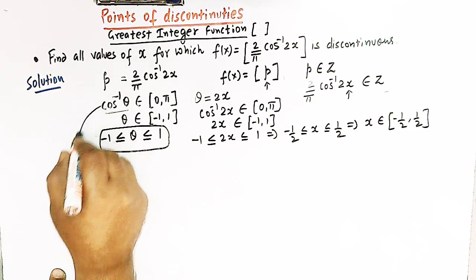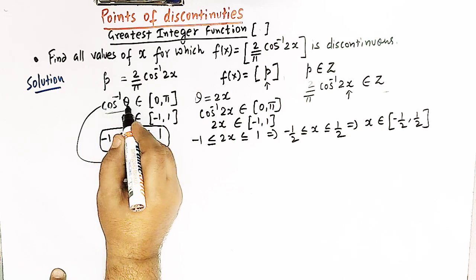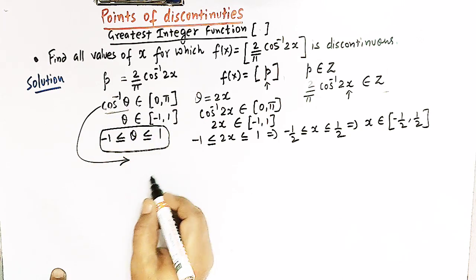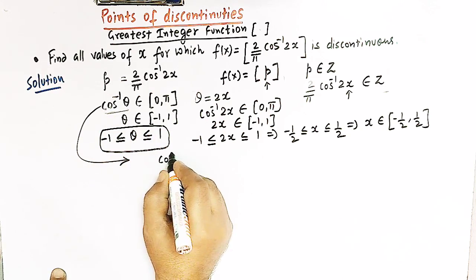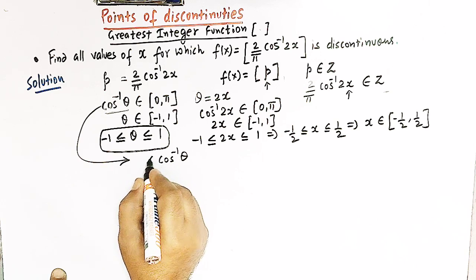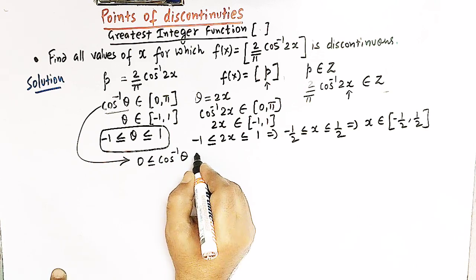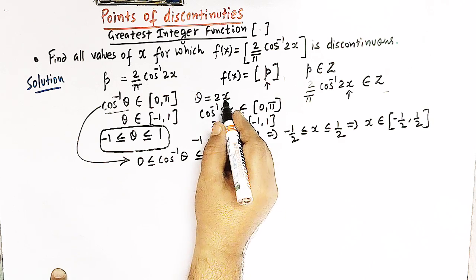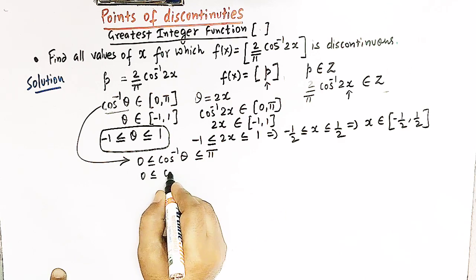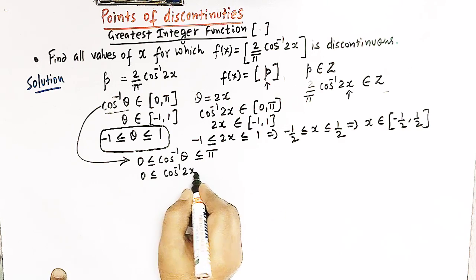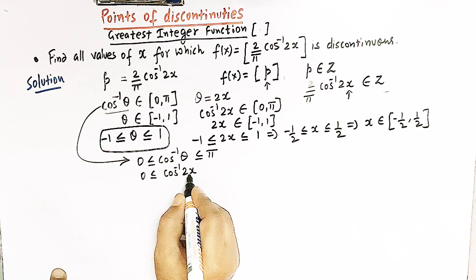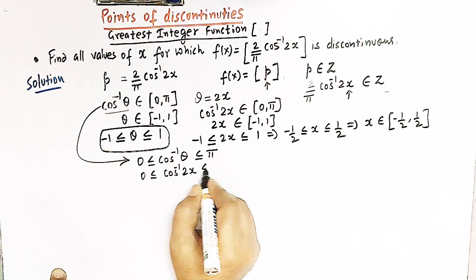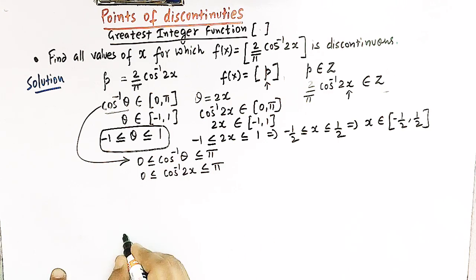Now from here we have cos inverse theta belonging to 0 to pi. So we can now write cos inverse theta is greater than or equal to 0 but less than or equal to pi. So theta is 2x. So we have now cos inverse 2x greater than or equal to 0 but less than or equal to pi.